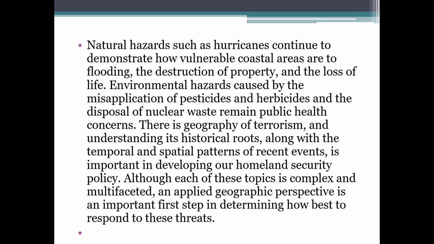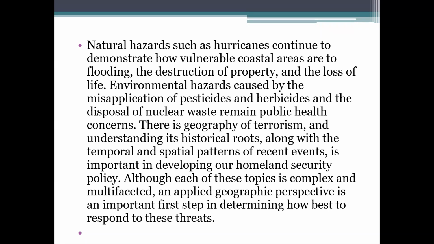There is geography of terrorism and understanding its historical roots along with the temporal and spatial patterns of recent events is important in developing our homeland security policy.